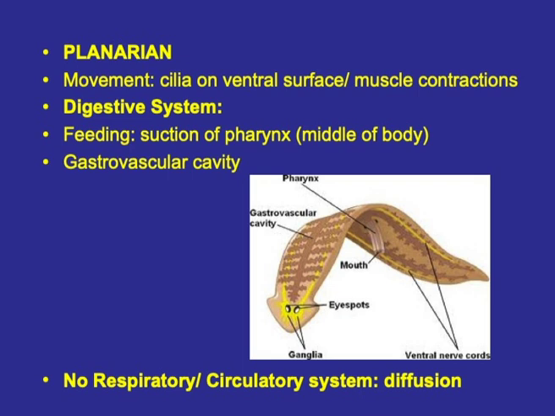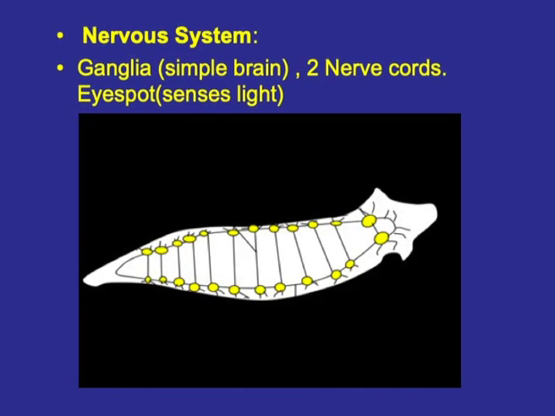The exchange of gases is mainly through simple diffusion. The nervous system consists of ganglia, that is a simple brain with two nerve cords and an eye spot. This eye spot senses the light.